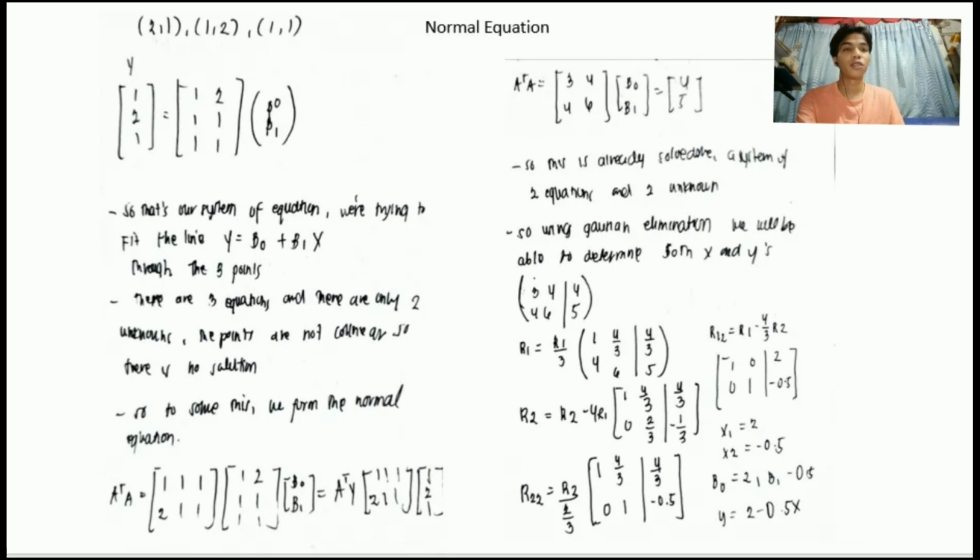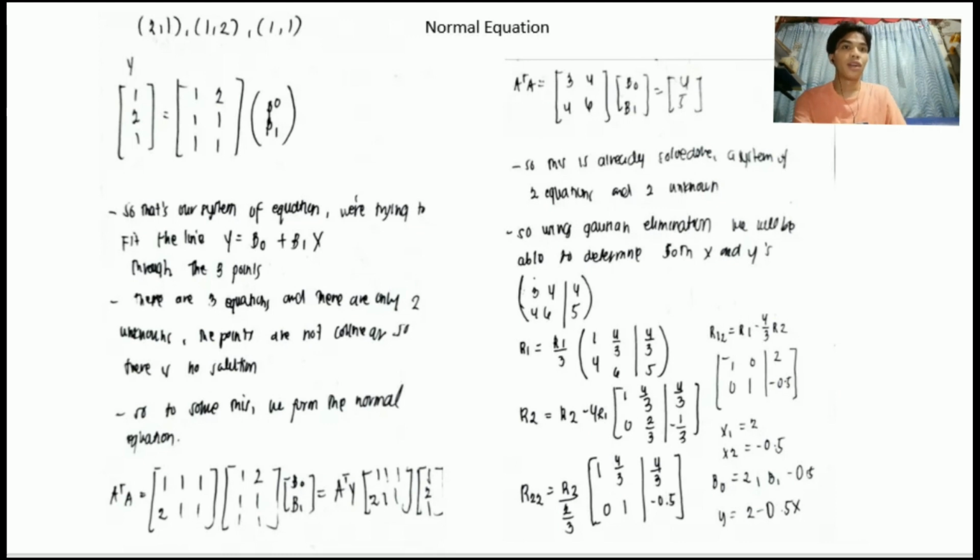For our row 2, we have the formula R2 minus 4R1. So for our R2, we have 4 minus 4 times 1. So we have 0 and 2 over 3 and negative 1 over 3. After that, we will be able to make it like 1, 0, and 0, 1 as we can see here in our solution.